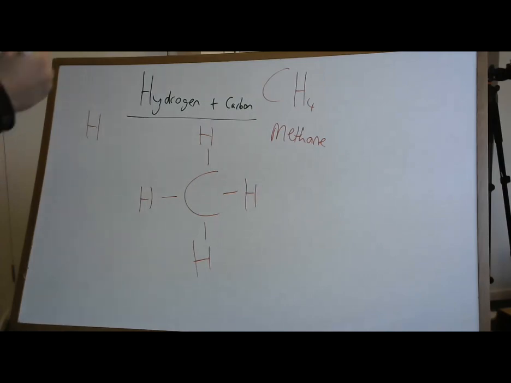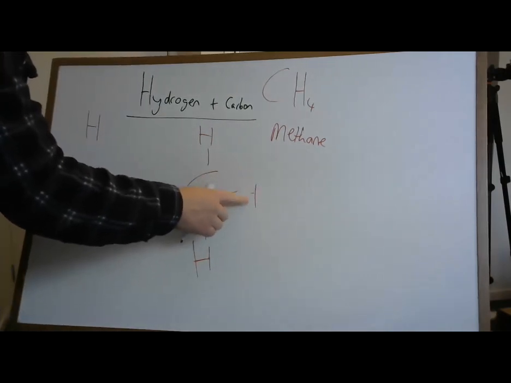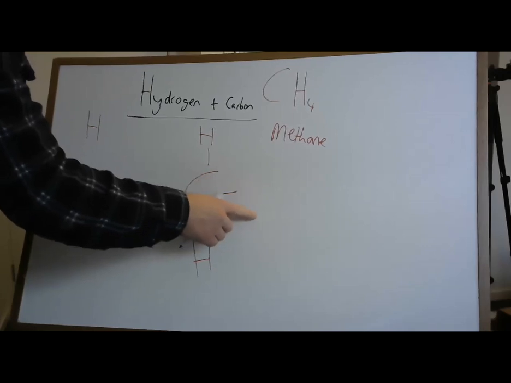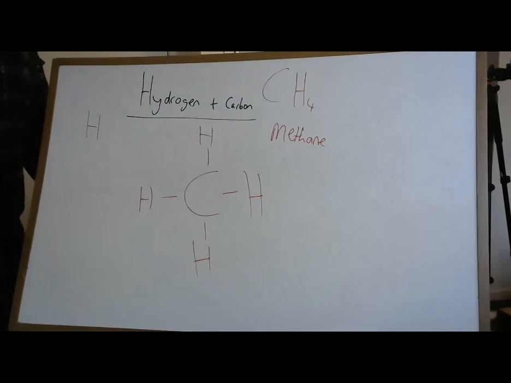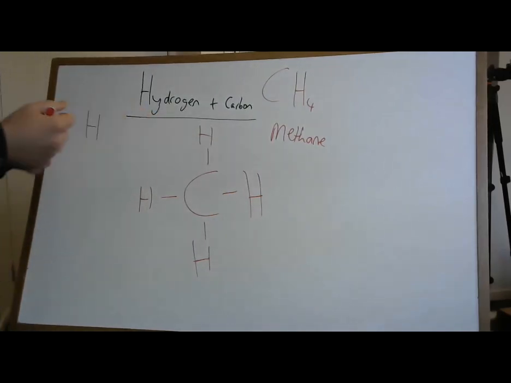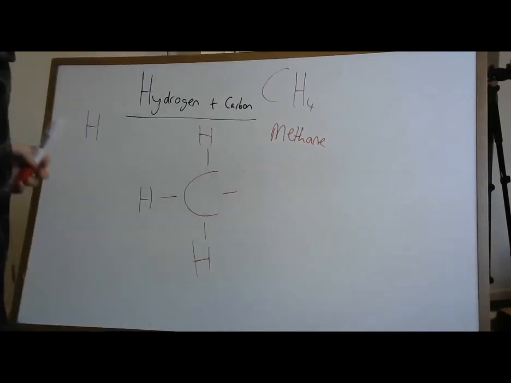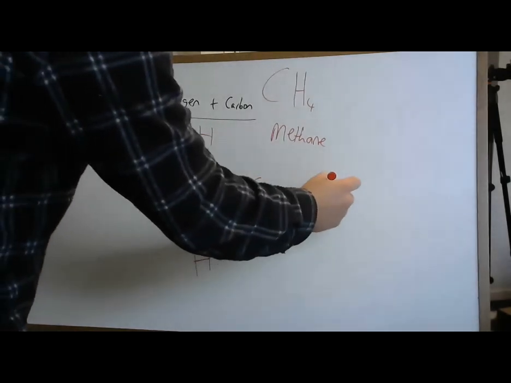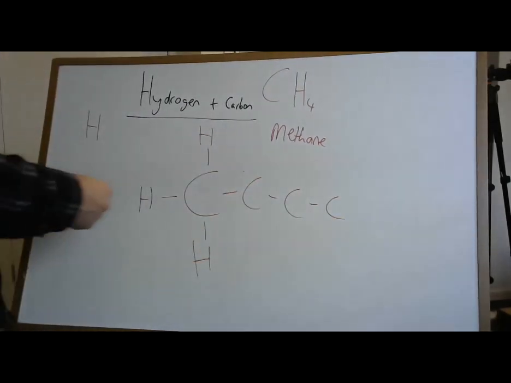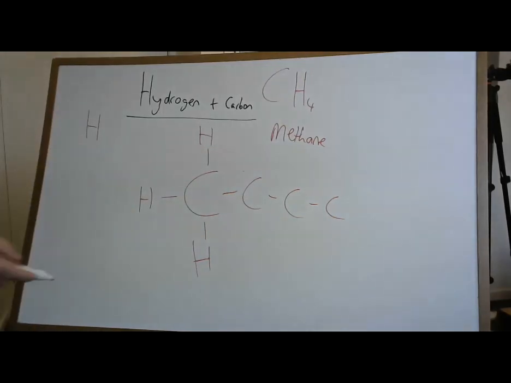And then everything is based off this in organic chemistry. Everything. So we have this carbon backbone running this way. And that just gets longer and longer and longer. It can keep going as long as there's enough hydrogen around to cover it.